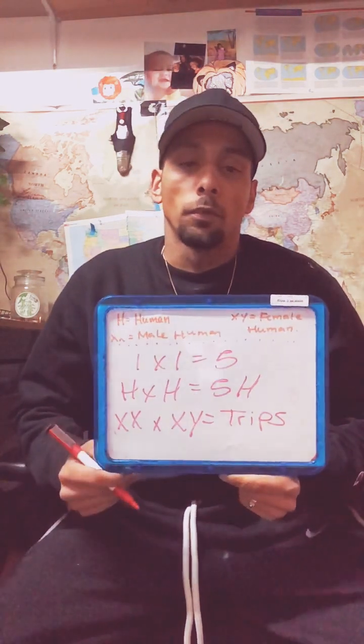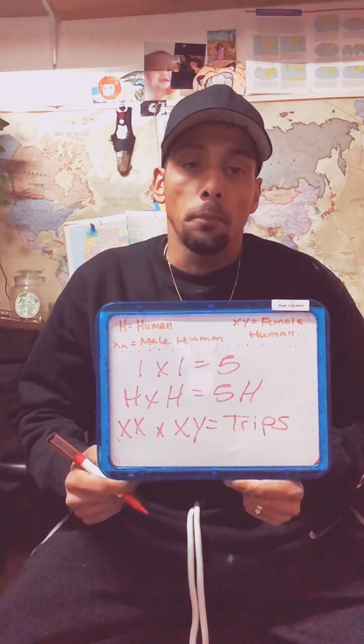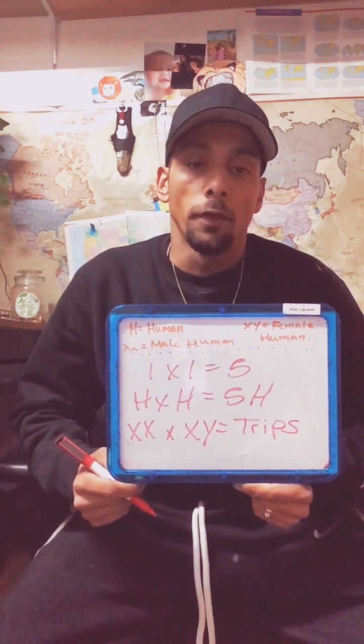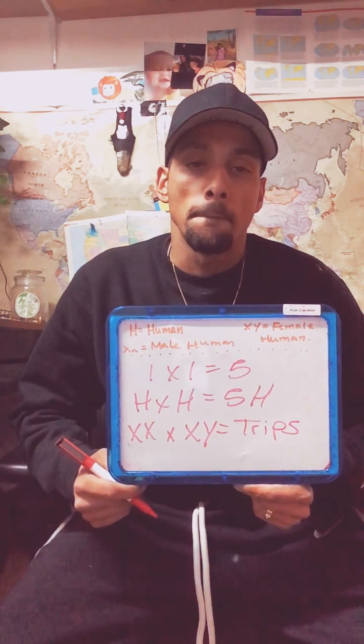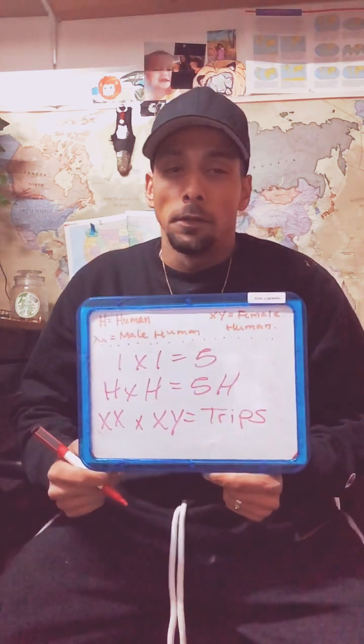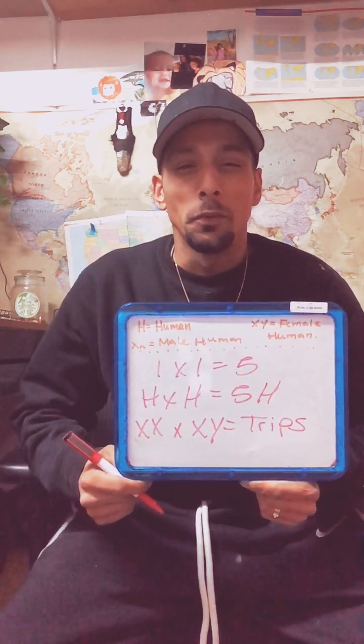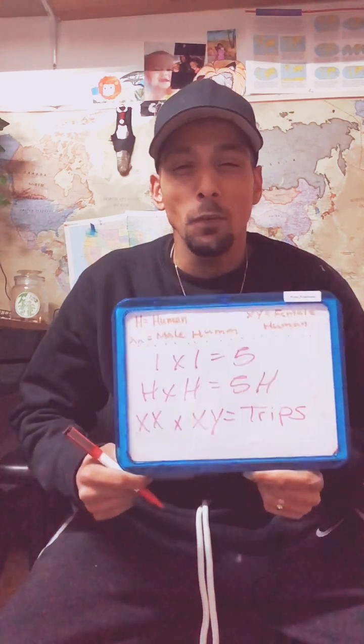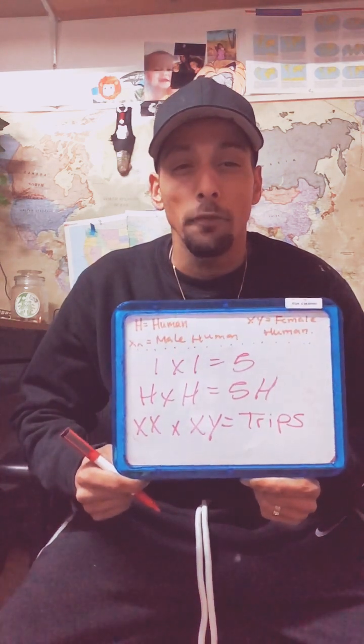What if the woman had triplets? At that point, 1 human times 1 human just equals 5 humans. As I said, besides school, where have you really seen 1 times 1 equals 1 or ever used?